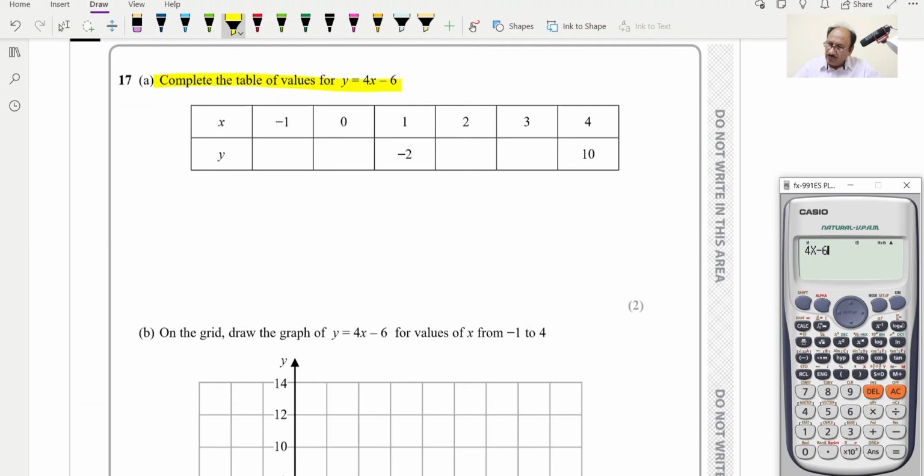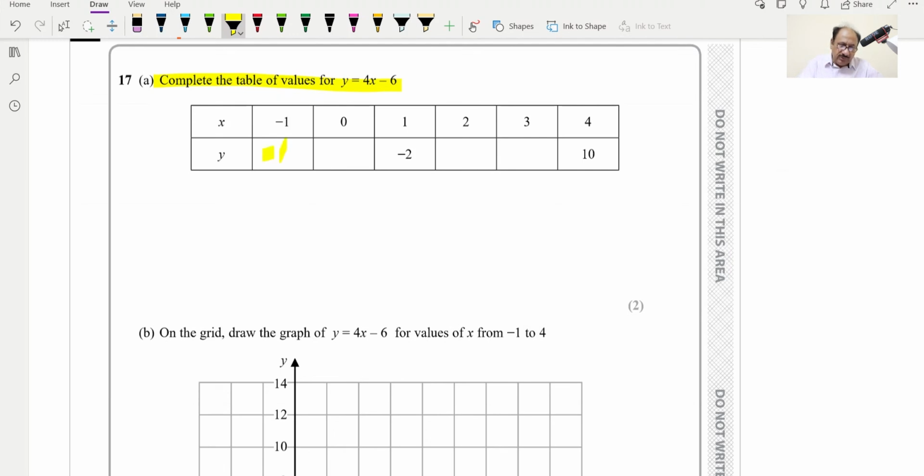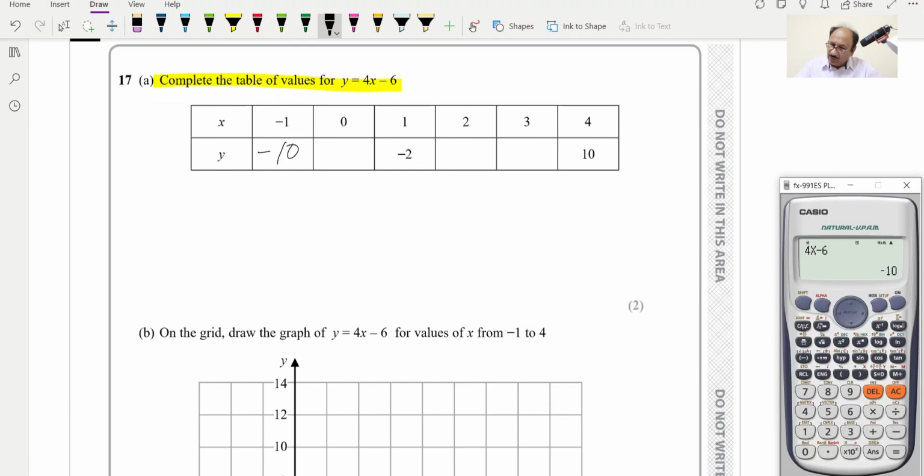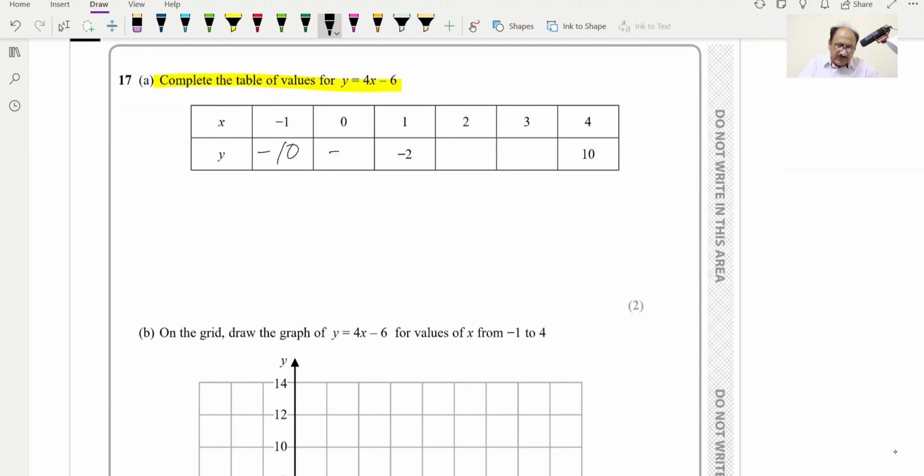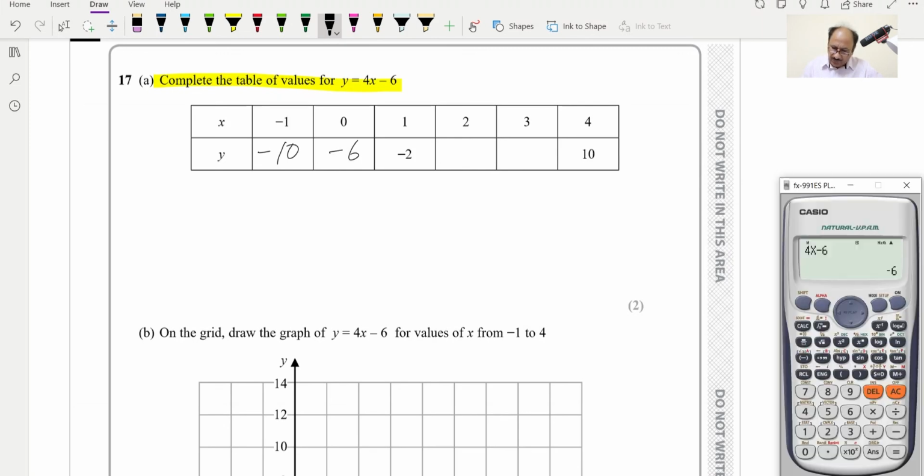So calculate for minus 1, and this is equal to minus 10, so this will be minus 10 over here, and then calculate for 0. Calculate for 0 will provide us minus 6. This is the easiest way. By the use of calculator you can solve this type of question.